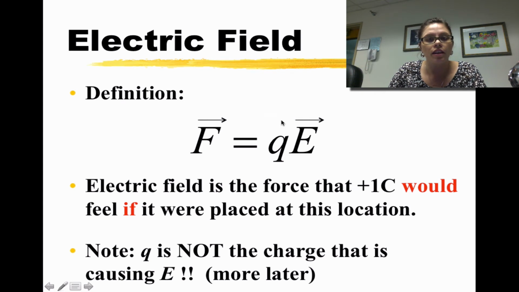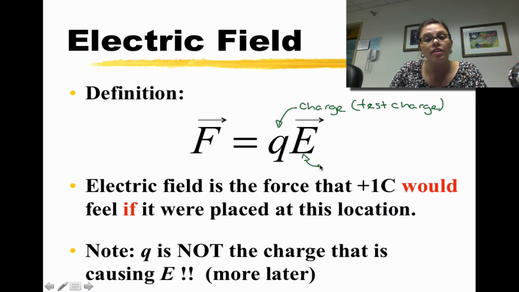So for this Q right here, Q is the symbol for charge. And we call this the test charge. It's a charge that is feeling the force of the electric field.